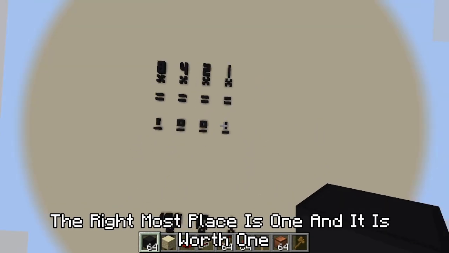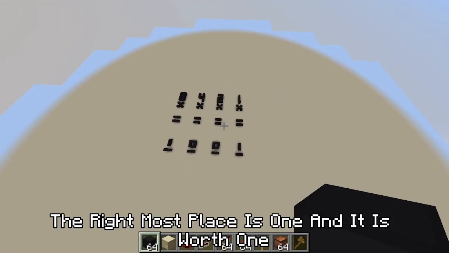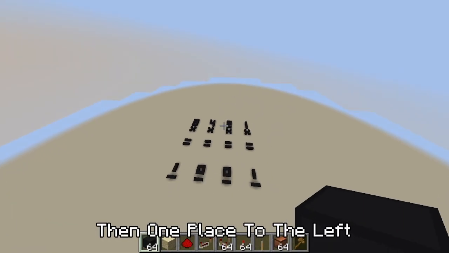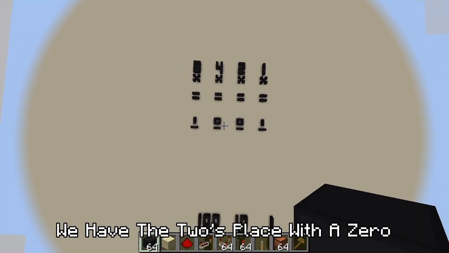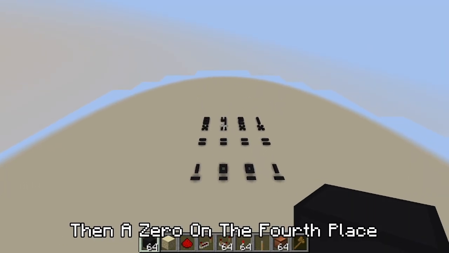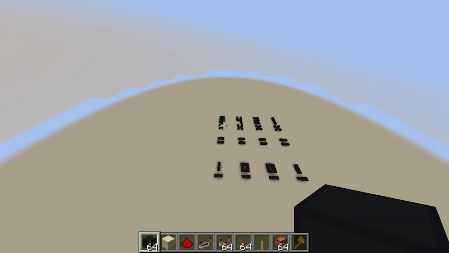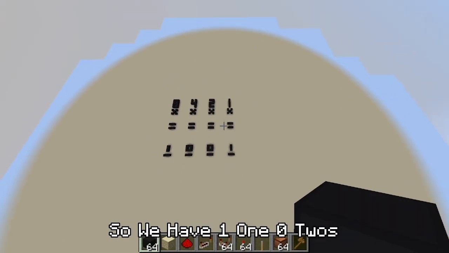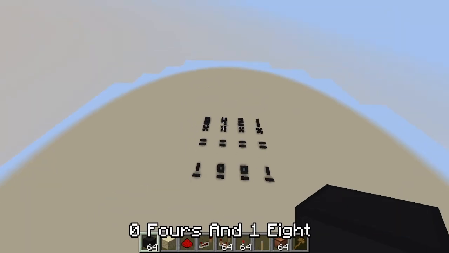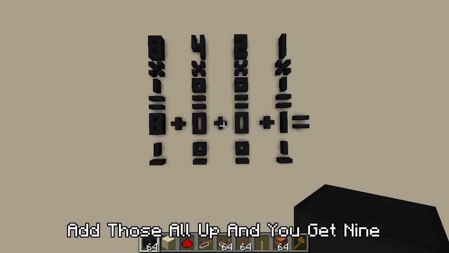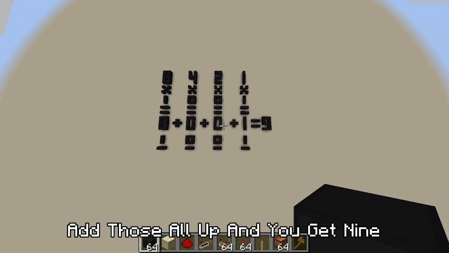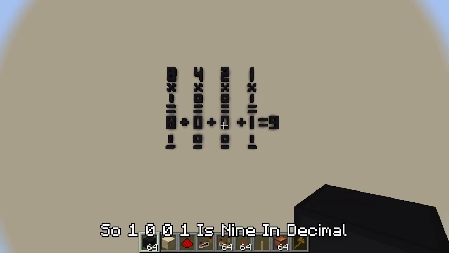The rightmost place is 1, and it is worth 1. Then one place to the left we have the 2's place with a 0. Then a 0 on the 4's place, and another 1 on the 8's place. So we have 1 one, 0 twos, 0 fours, and 1 eight. Add those all up and you get 9. So 1 0 0 1 is 9 in decimal.